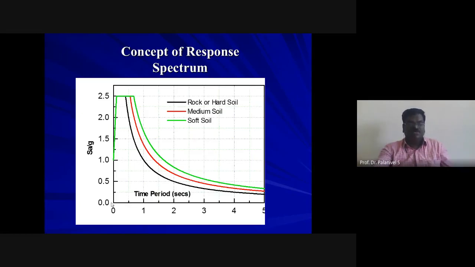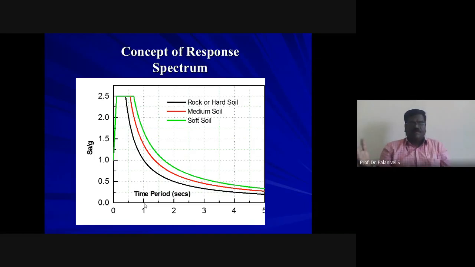Normally the natural period will lie between 0.2 seconds and 1 second only. Most of the buildings we deal with are medium storey buildings, G+2, G+3, G+4, G+5, mostly only medium storey buildings.